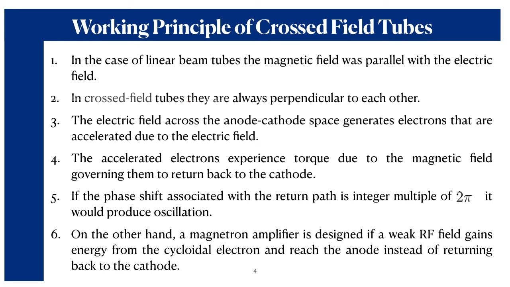On the other hand, if you make the arrangement in such a way that the electron beam under the cycloidal motion can transfer some of its energy into some weak microwave field, and thereby rather than getting back to the cathode it reaches the anode, then the magnetron amplifiers are designed.